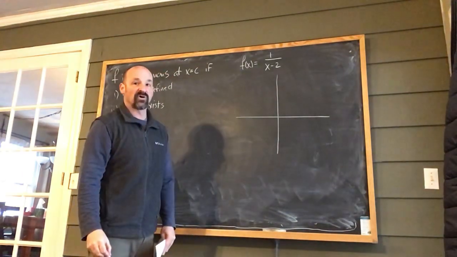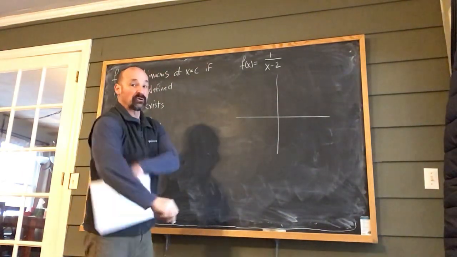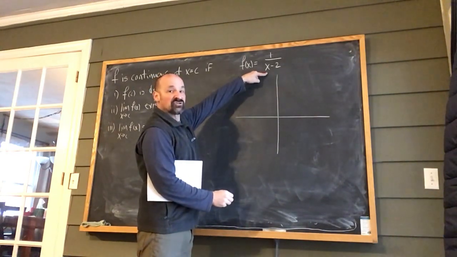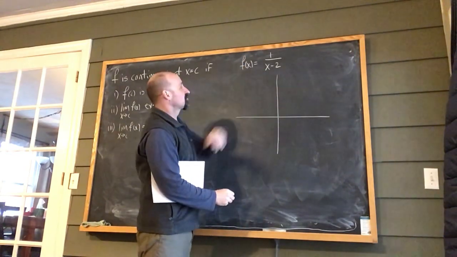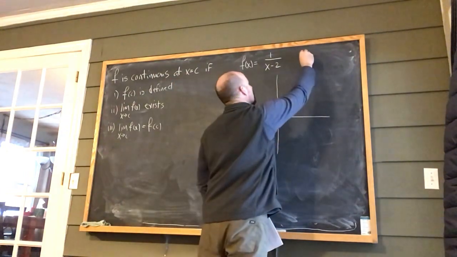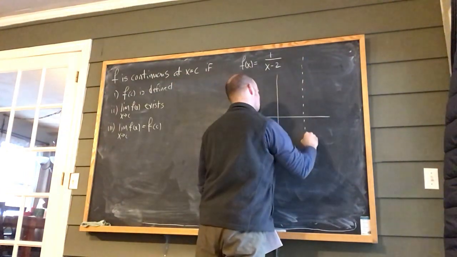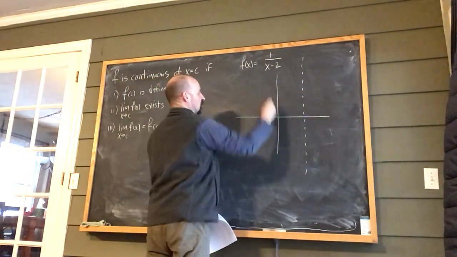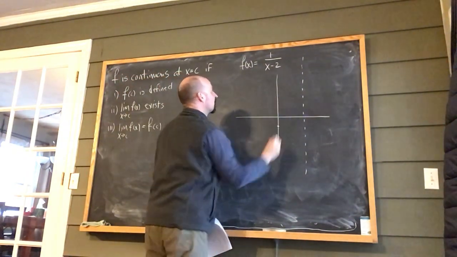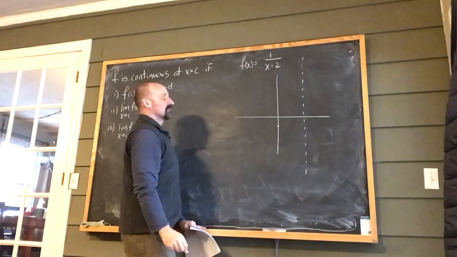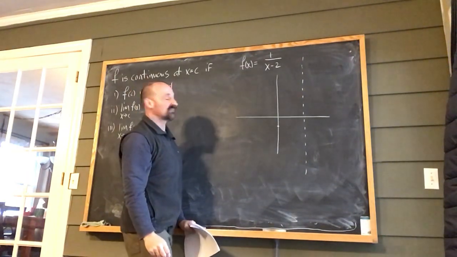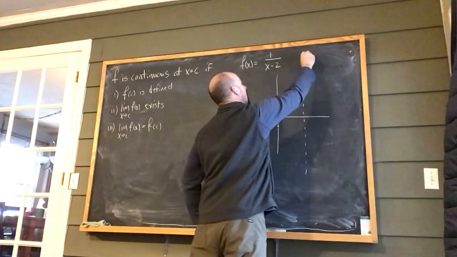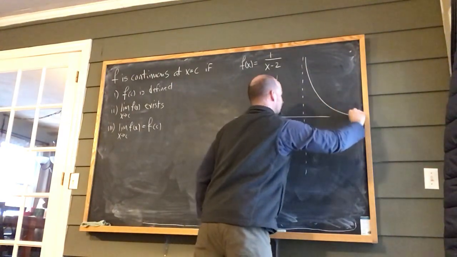It has that vertical asymptote at x equal 2, right? The function's not defined at x equal 2. 2's not in the domain of this function. So I'd have that vertical asymptote at x equal 2. My y-intercept would be down here at -1/2. The horizontal asymptote would be the line y equals 0. The graph would look like this.